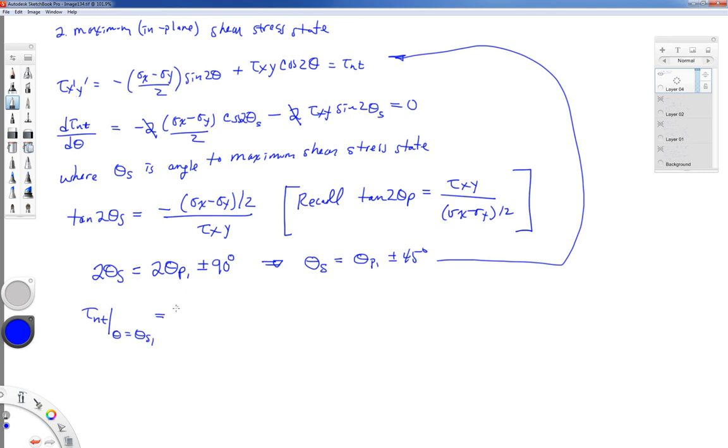And what we will get after we do the algebra is that it will reduce down to be the hypotenuse of that triangle, R. So the maximum, what's known as the in-plane shearing stress, will be the hypotenuse of that triangle that I constructed a few pages ago, the quantity R. Now I'm going to call this an in-plane maximum. We will talk about out-of-plane maximums in a little while, but this is an in-plane maximum because it's in the XY plane.